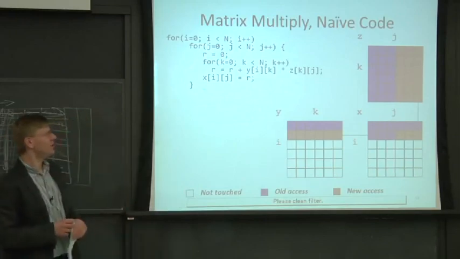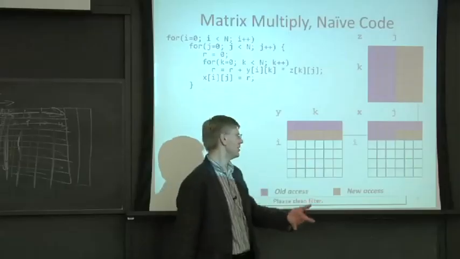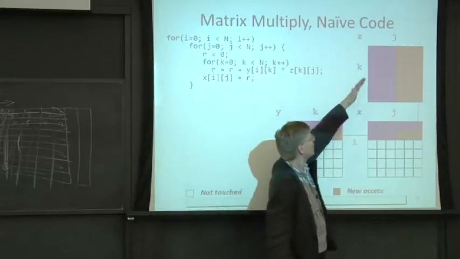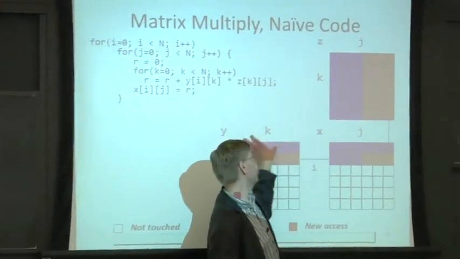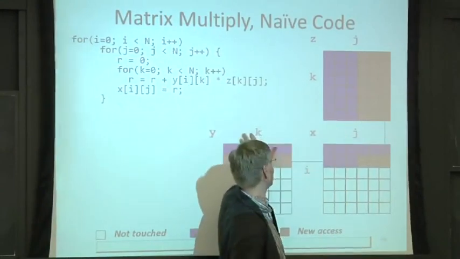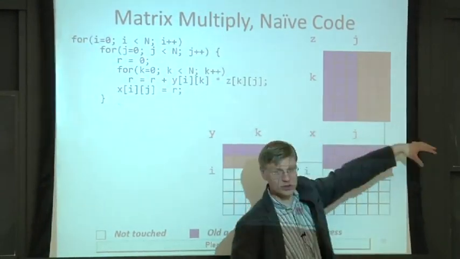Here's our naive implementation. We have 3 for loops going on here. And what we're doing is the traditional way that you learn how to do matrix multiplication. You take a row, multiply by a column, and that's that spot. You take this row, multiply by that column, that's that result. This row by that column, that's that spot. This row by that column, there. And you just work through it.